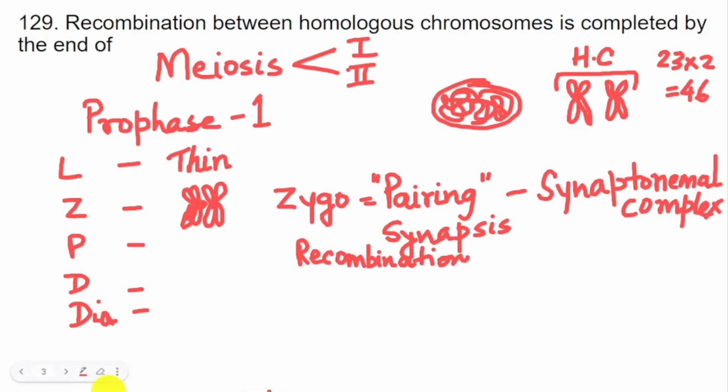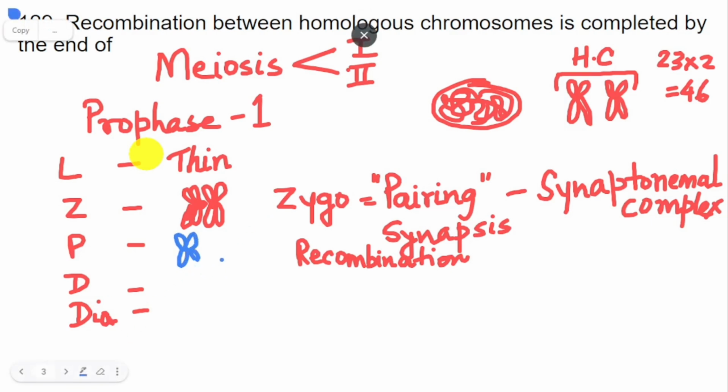So I will use two different colors to show you this process. So this is the chromosome, homologous chromosome. Okay.